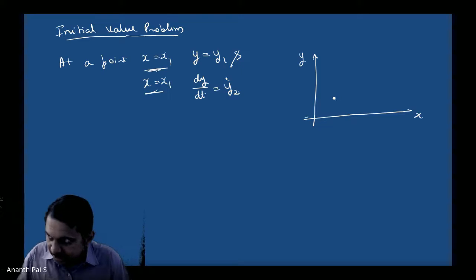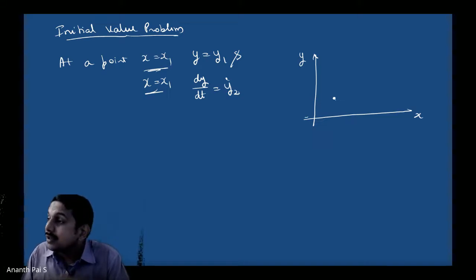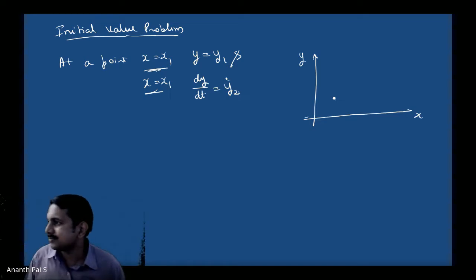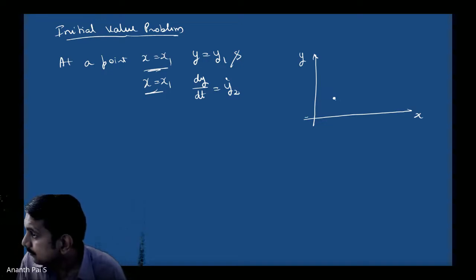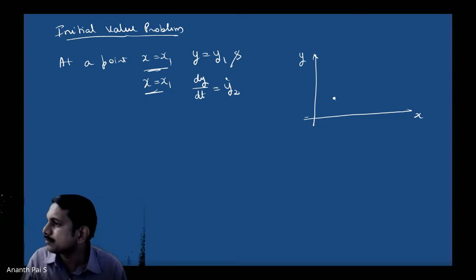You are at the same position, x is equal to x1. At the same position, you have the value of that function and the slope of that function. Then it is initial value problem. We are not going to the other point. We are at the same point. Make sense?